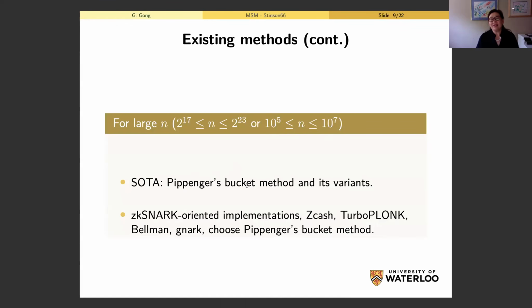Looking at practice, SNARK-oriented implementations such as Zcash, Bellman, and other blockchain cryptocurrencies basically implemented their SNARK using Pippenger's bucket method.